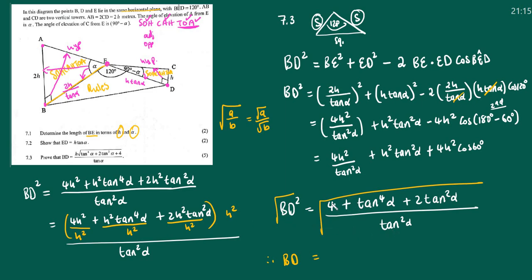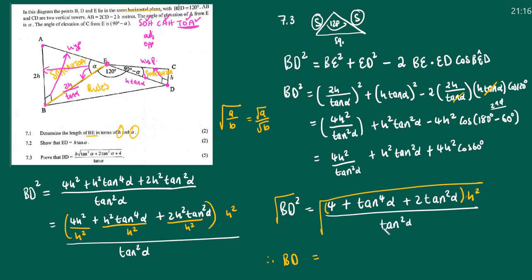But let's remember, outside we have h squared. I put it, we have it. Okay, nice. So when we say the square root of the top part, remember it's going to be the square root of this part and then the square root of this part.